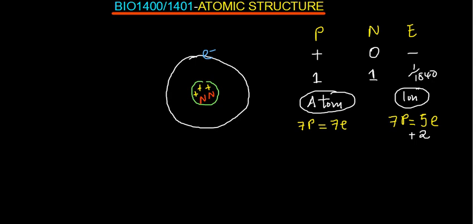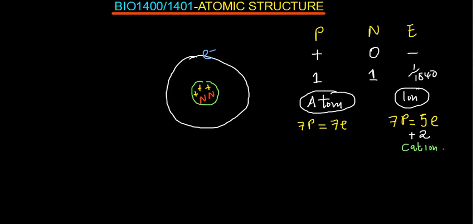Okay, so this is a cation. Why is it a cation? Electrons have been lost. It is positive. Now take note of this. Please understand this. Questions as simple as this, you'll find a lot of them in the exam.